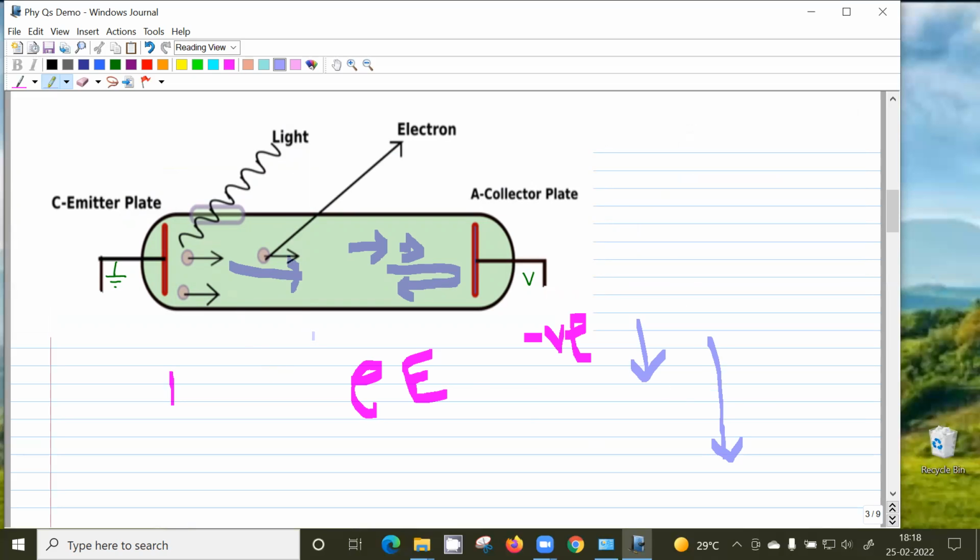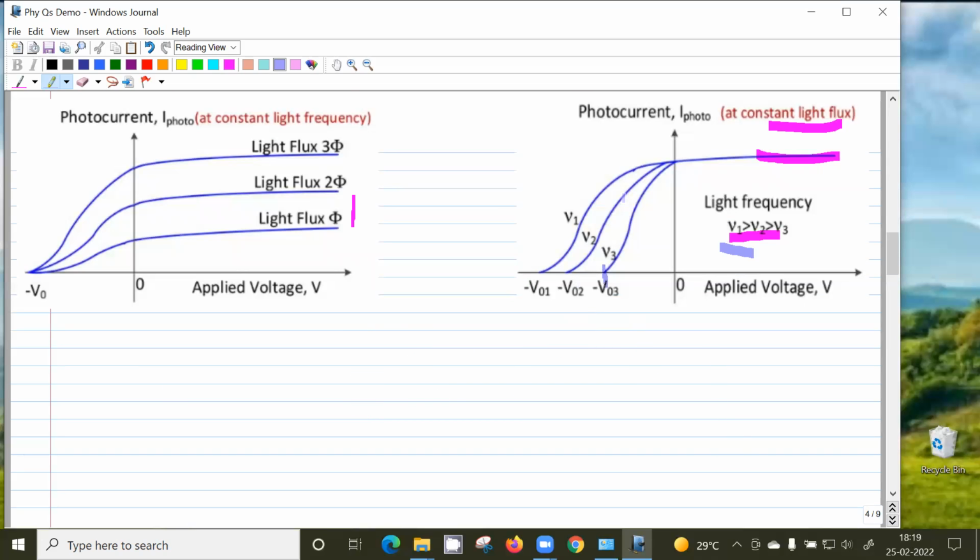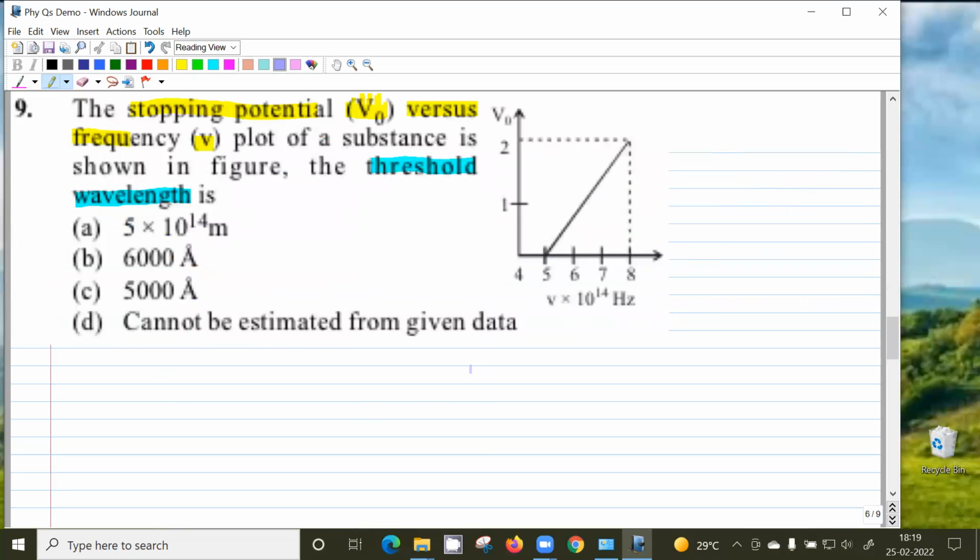That's why as the incident photon energy increases, nu1 is greater than nu2, this stopping potential will be more in the negative sense. Just forget the sign, it means you have to apply more negative voltage. So this is one characteristic.